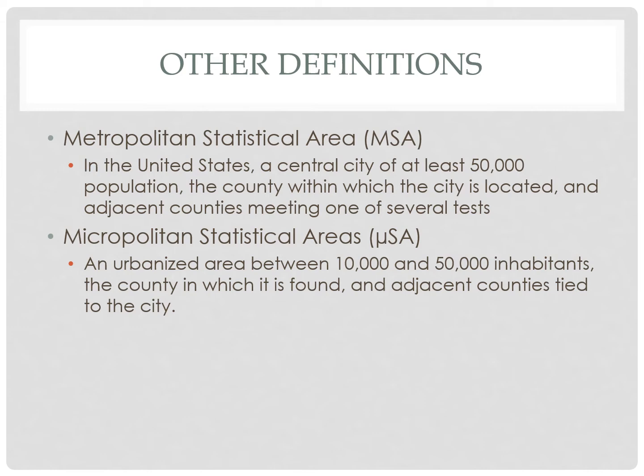And that is, in the United States, a central city of at least 50,000 people, the county within which that city is located, and any adjacent counties meeting one of several tests. Typically those tests are social integration and economic integration, which could be measured by things like how many people commute to work in that city.